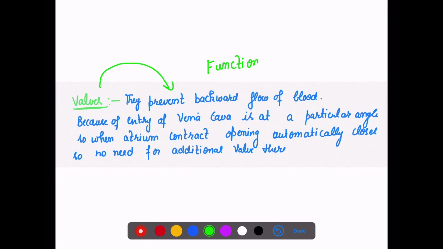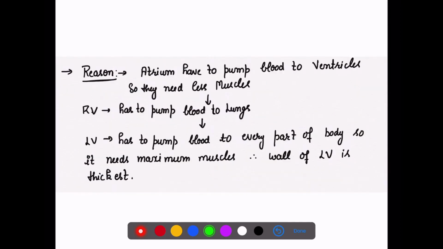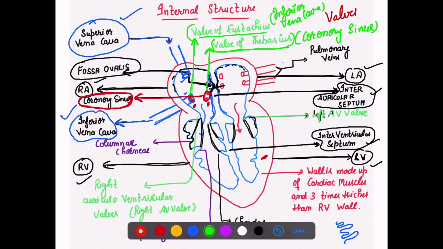Now, why do only the inferior vena cava and coronary sinus have valves? Actually, just look at the location of the superior vena cava.